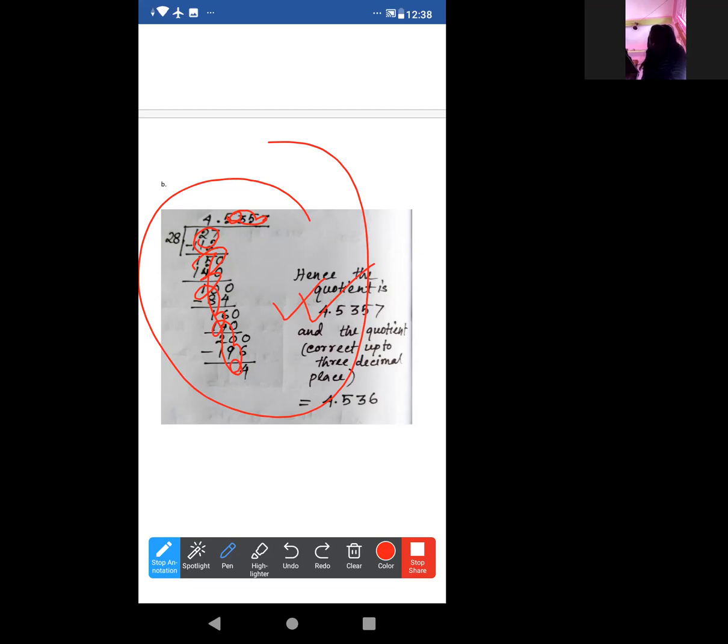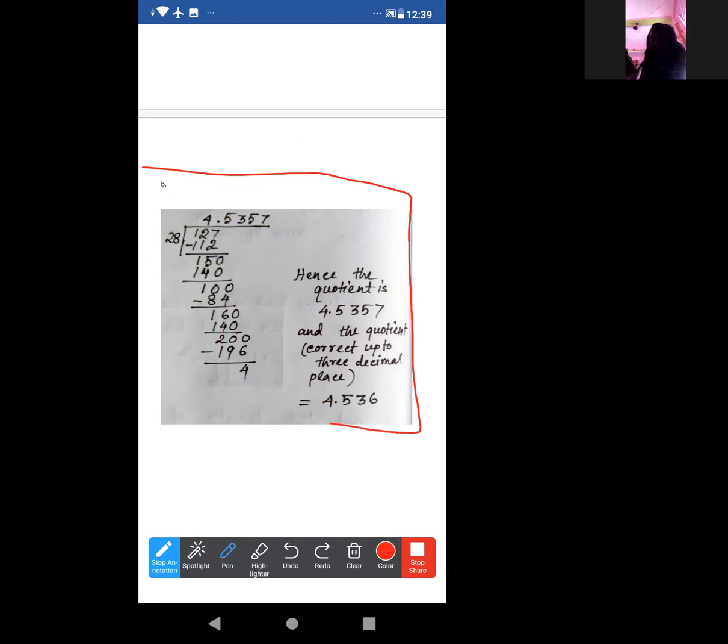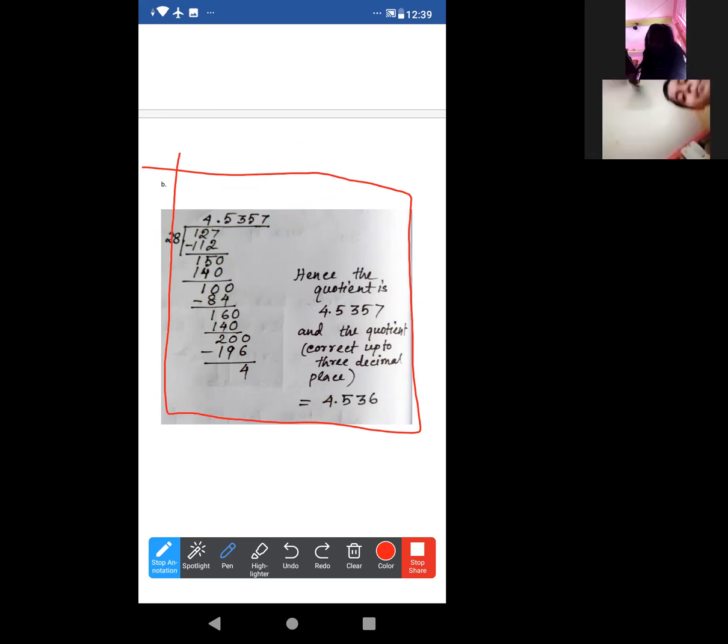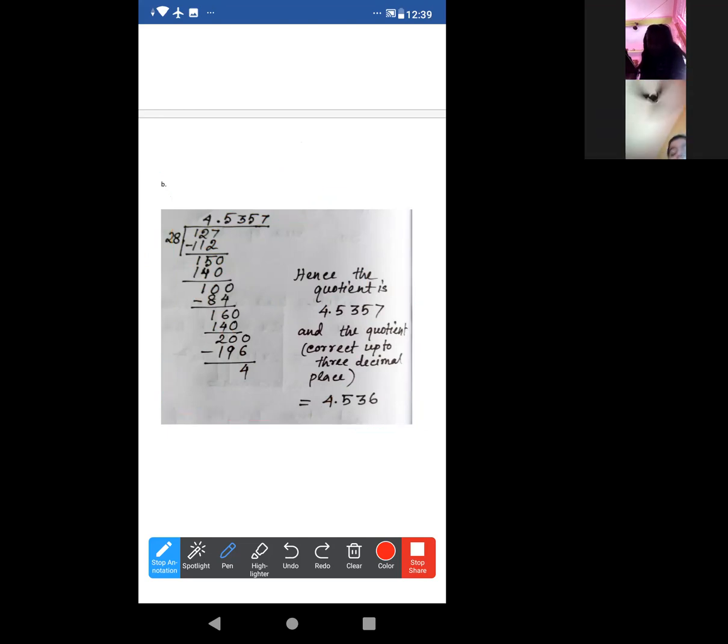Also, I am showing you the answer. Just look at this. Have all of you done up to the 4th place? Even yesterday, I explained this decimal division because 5A was done yesterday. So I'm not going to explain it again, but if you need the explanation, then tell me, and I'll definitely do it.